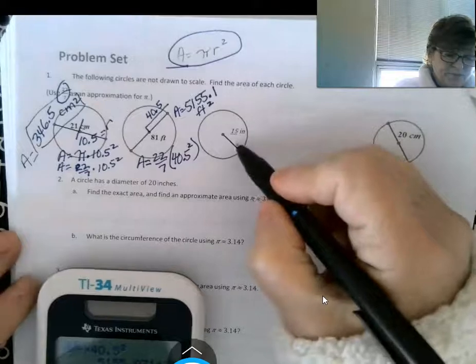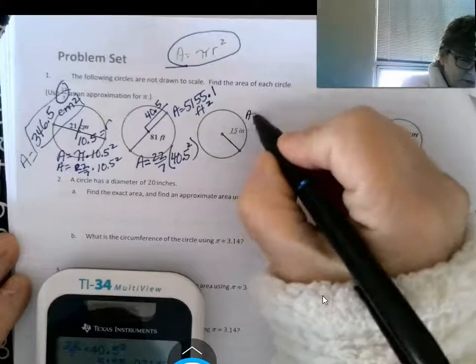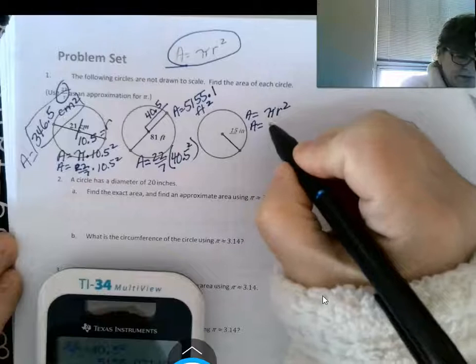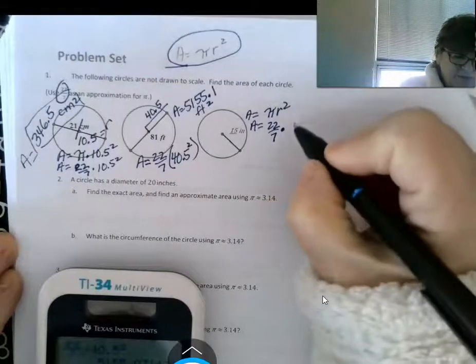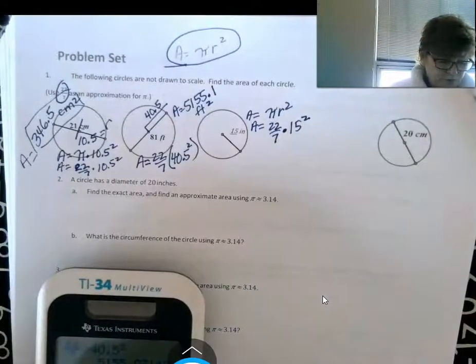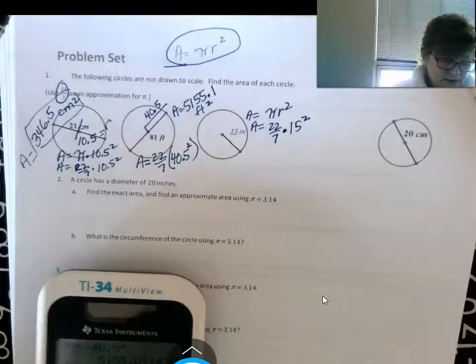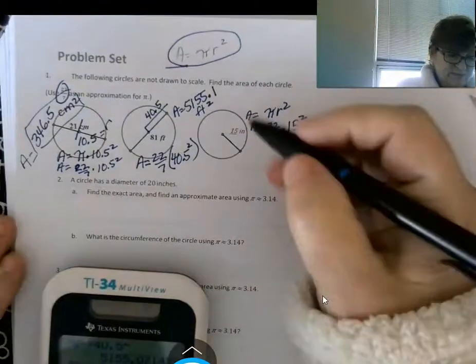Okay, we've been given the radius of 15. So area is equal to pi r squared. The area is equal to 22/7 times 15 squared. So let's do it again. 22/7 times 15 squared, and it is 78.4.